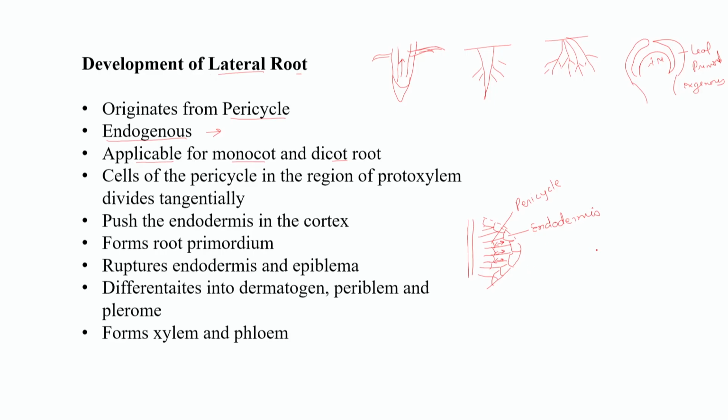More further, more divisions will occur in this pericycle, forming more layers of cells, and they will push the endodermis on the outer side, and finally they will actually rupture the endodermis and the outer epidermis or rhizodermis also, and they will come out from that.